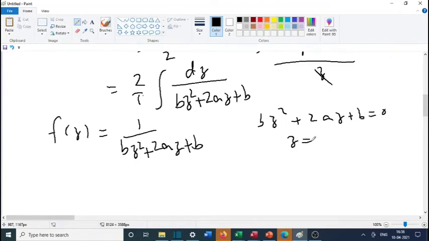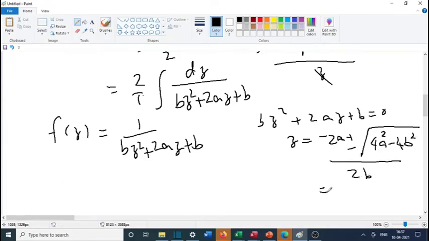Then z equal to minus b, that is minus 2a plus or minus square root of 4a square minus 4b square, all divided by 2b, which is equal to minus 2a plus or minus 2 into square root of a square minus b square all divided by 2b.